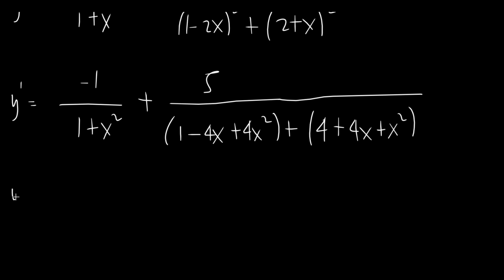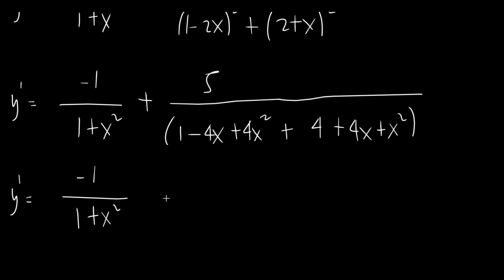So y prime is equal to negative 1 all over 1 plus x squared, plus 5 all over, erase this term here, 1 plus 4x squared plus 4.